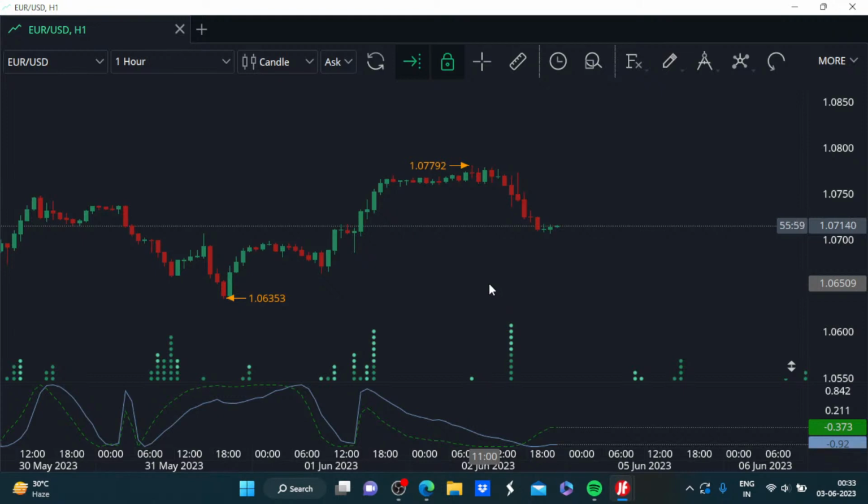The indicator is telling us that now things have started to go sideways for the Euro USD with the bias being bearish, but this is not a bearish trend.